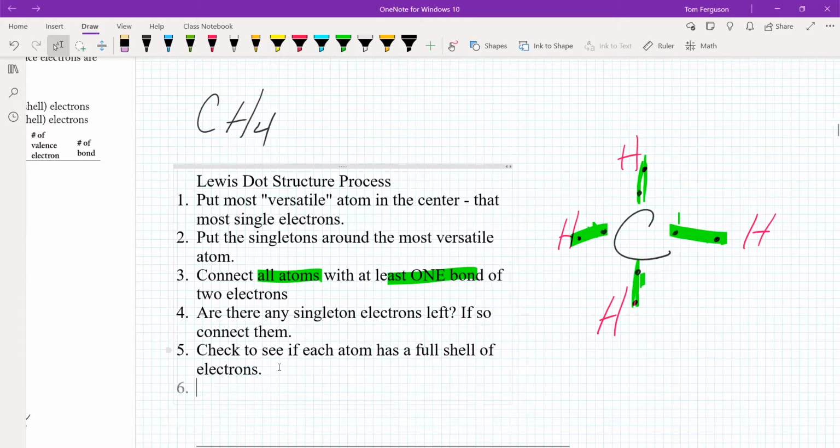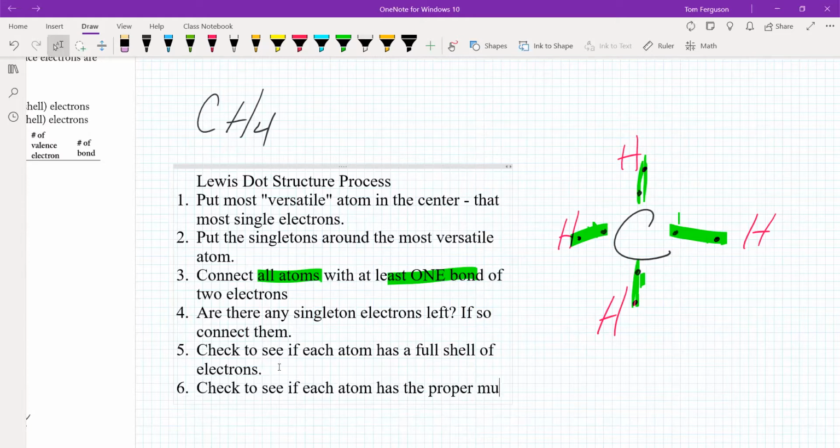The next check: check to see if each atom has a proper number of bonds.